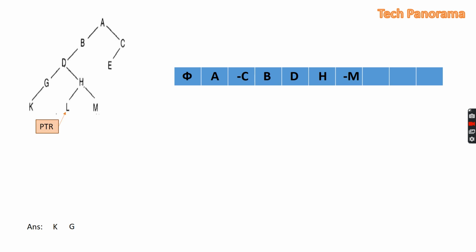Then we move leftward, that is L. First we push L to the stack. Let's check its right. As it has no right element, there is nothing to be pushed. Next we check its left. As it has no left, we pop the element from the stack. The popped element is L, so we pop L and assign it to PTR.